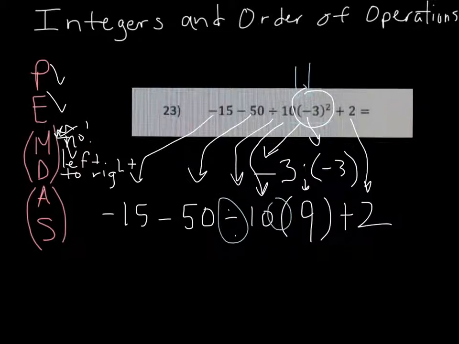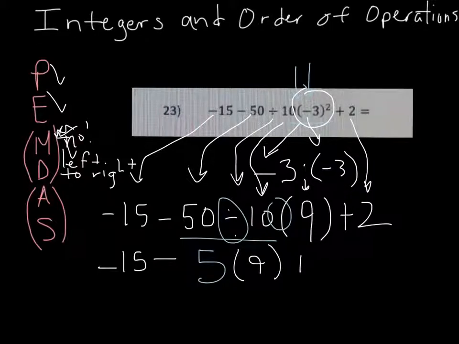So negative 15 minus, and now I have a 50 divided by 10. That's what I'm going to do first. 50 divided by 10, which is 5, times 9 plus 2. Now I'm going to do my multiplication. So negative 15 minus, and then I have to do 5 times 9. Well, that's 45 plus 2.